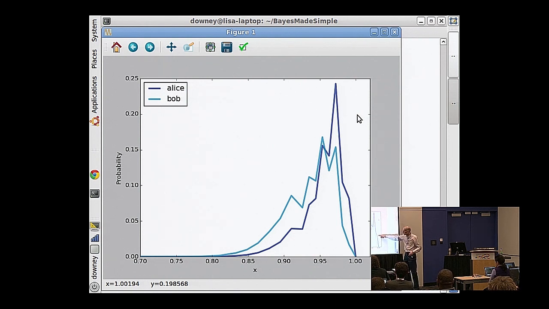For the high ones, Alice is more likely. There's a little bit of zigzag and jaggedness here that just has to do with the numerics. We could smooth that out. But I think you're right that looking at this, we can't conclude that Alice is necessarily smarter. It's possible that Alice had a little bit of good luck on the exam and Bob had a little bit of bad luck on the exam.